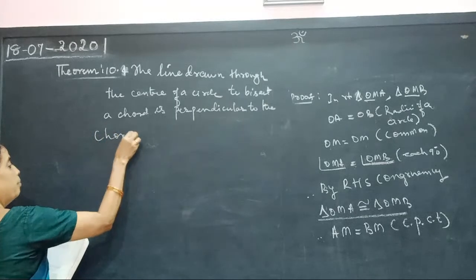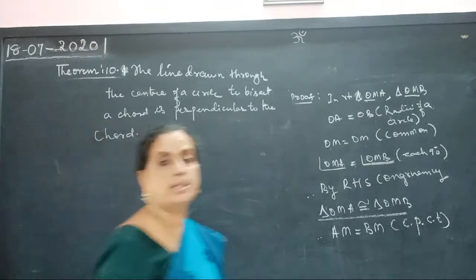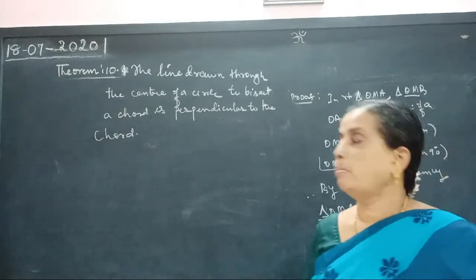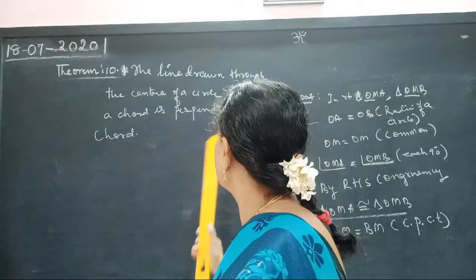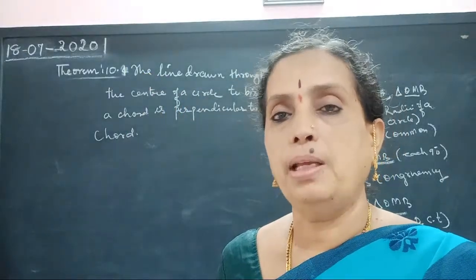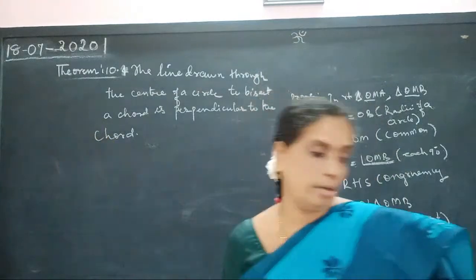So what statement have you proved? It's the reverse, the converse. If it is perpendicular, it bisects. If the line from the center bisects, it must be perpendicular to the chord.